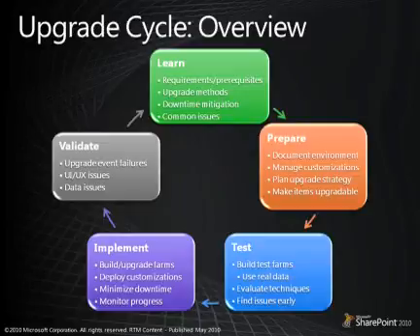The actual upgrade cycle can be divided into five phases, which all have important actions to be done. We first start by learning the proper way to upgrade. We obviously need to prepare to upgrade by collecting details concerning the environment and making the necessary updates for our customizations.